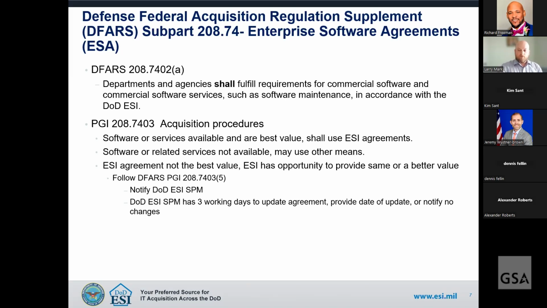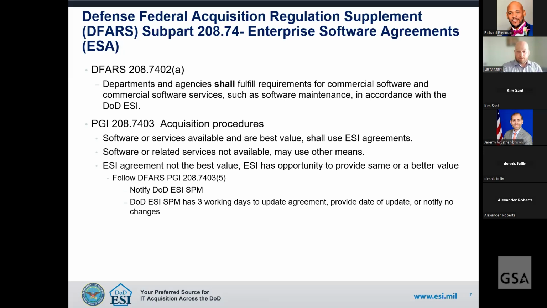However, if there isn't an ESI agreement, you can use other means, obviously. However, if an ESI is believed not to be the best value, there is a waiver process to follow. And this is all laid out in the PGI.